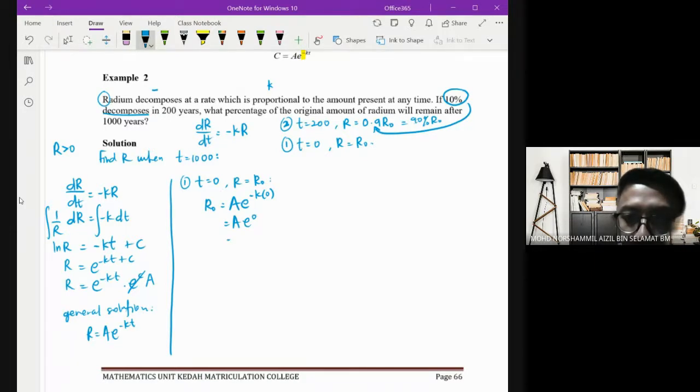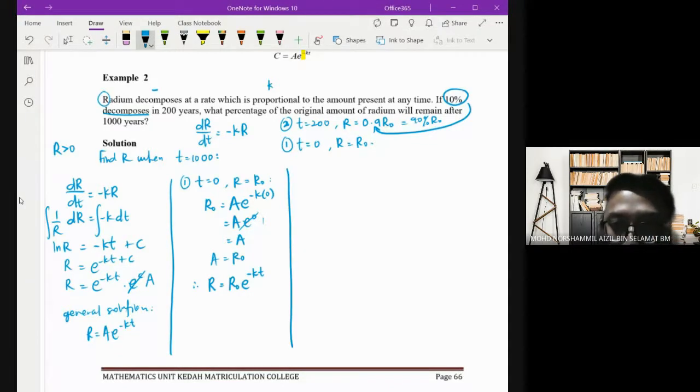A e power 0 is A, because this one is 1. So A is R0. So what do we get actually? We get the new general solution, R equals R0 exponential negative kt. It means A earlier is R0. Okay. So we get one of the constants already.